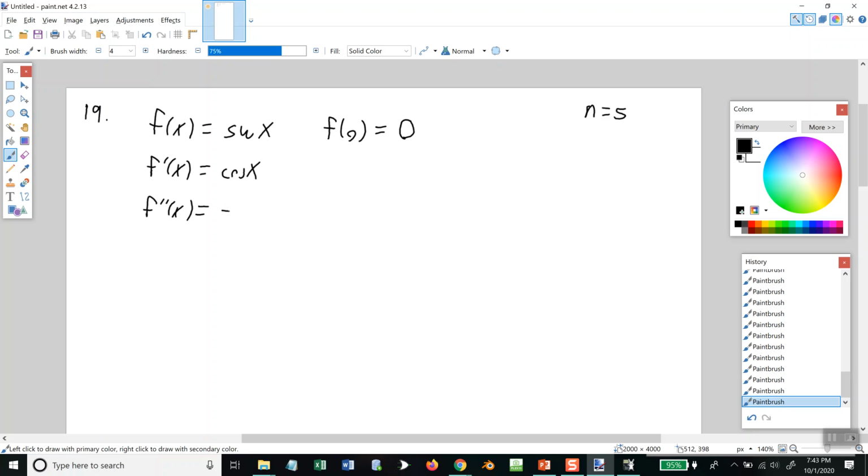Derivative of cosine is negative sine. Derivative of negative sine is negative cosine. Our fourth derivative, the derivative of negative cosine is negative of negative sine, which flips it to a positive sine. And derivative of sine is cosine.